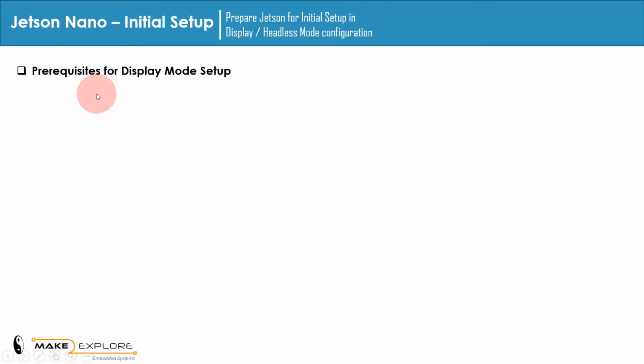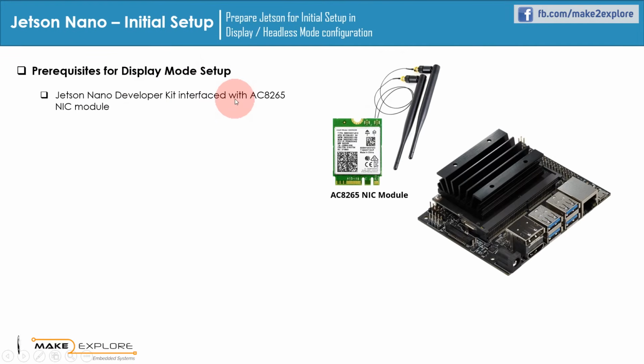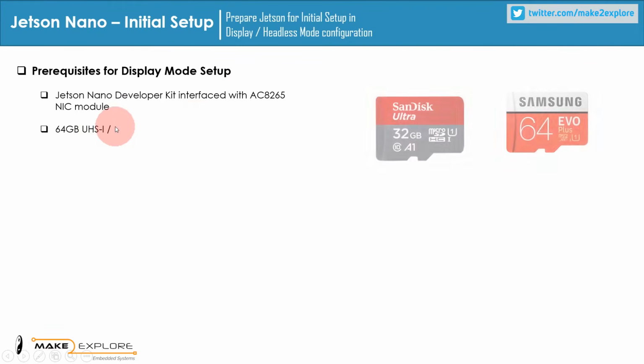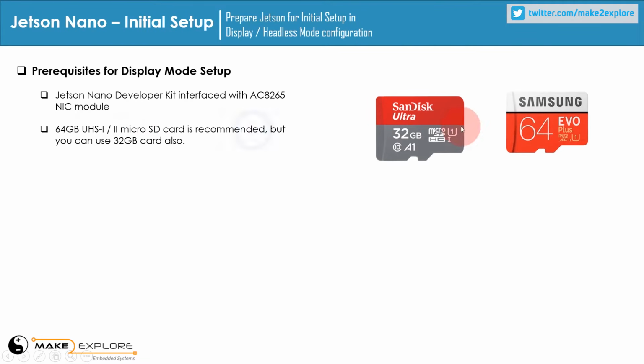Now, let's see what the prerequisites are for setting up Jetson Nano with the display method. We need the Jetson Nano developer kit, interfaced with the AC8265 NIC module. A 64 GB high-speed microSD card is recommended, but you can use a 32 GB card also.